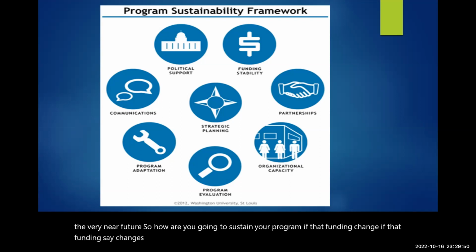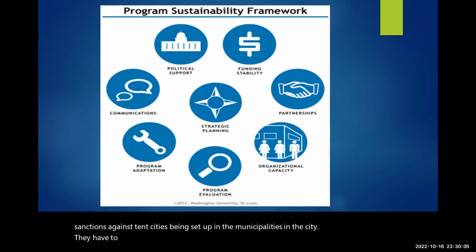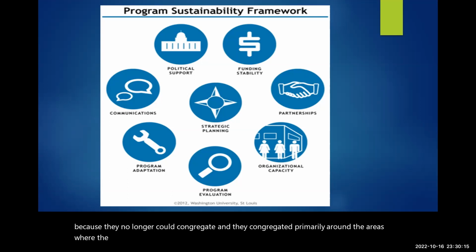Most recently, with the homeless population, with the sanctions against tent cities being set up in the municipalities, they have to be outside of the city structure. What that did was displace a lot of the homeless, because they no longer could congregate, and they congregated primarily around the areas where the resources were, or the resources were built there because of the large homeless population.